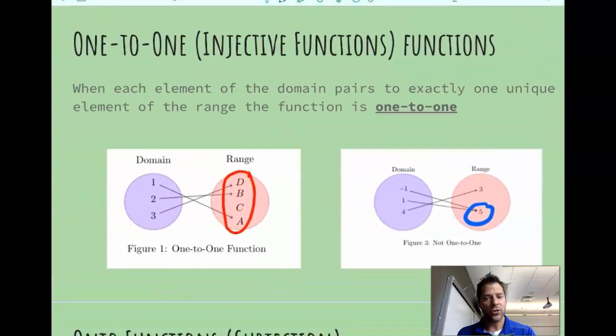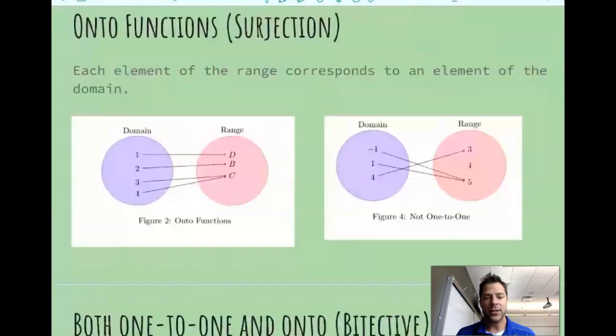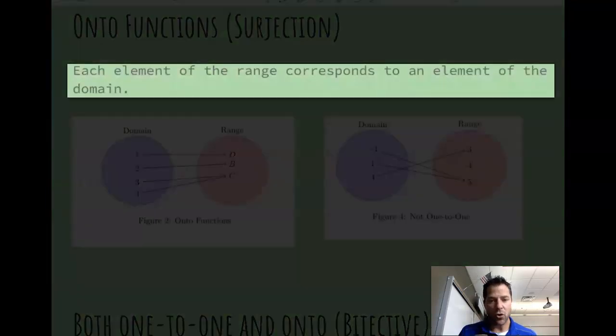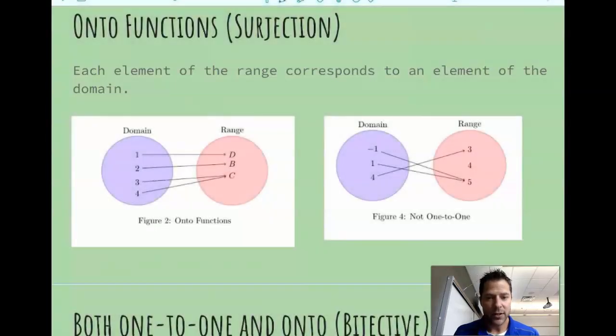Okay, so let's turn now our attention to what an onto function is. Onto functions: each element of the range corresponds to one element of the domain. Meaning each range value is paired with a domain value. It has a friend. Each element in our range has a friend that goes to it. That's it. It can be doubled up.